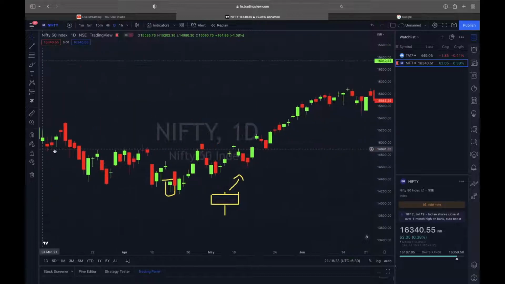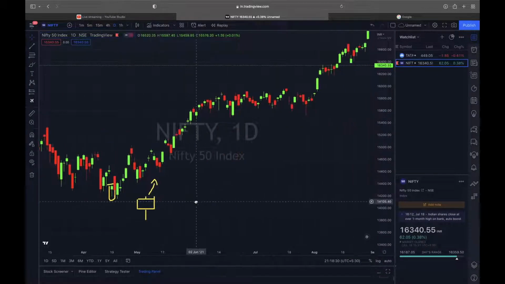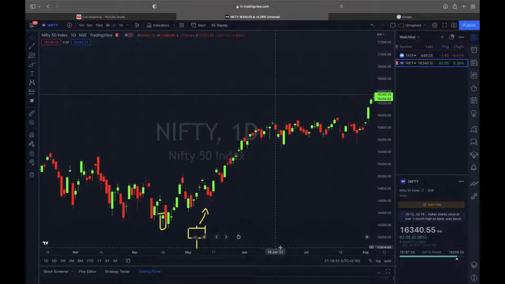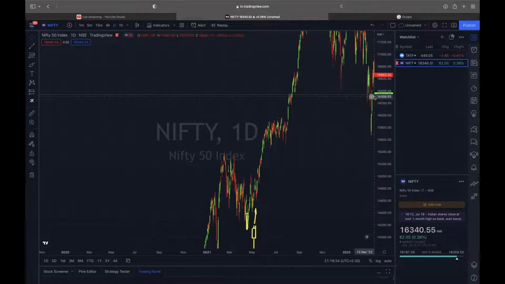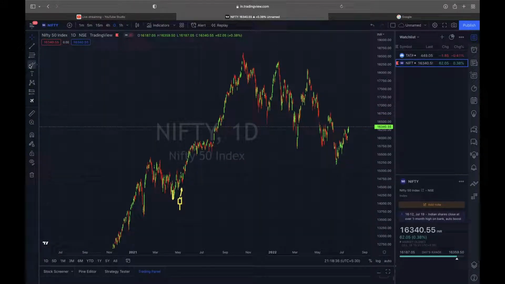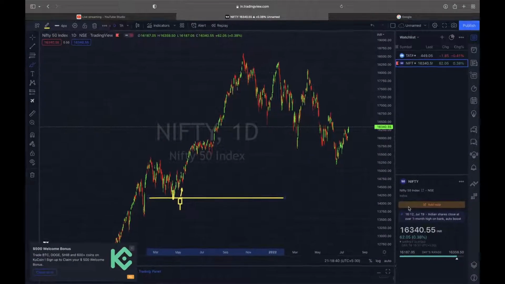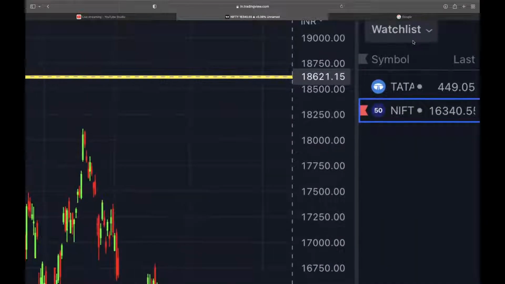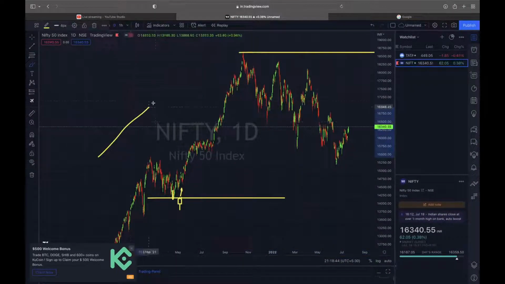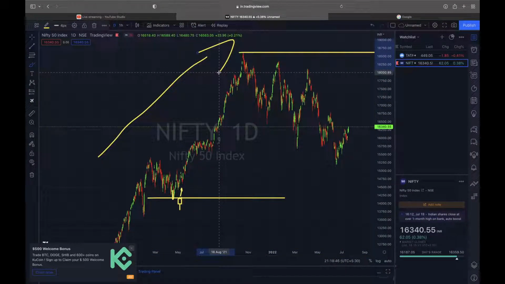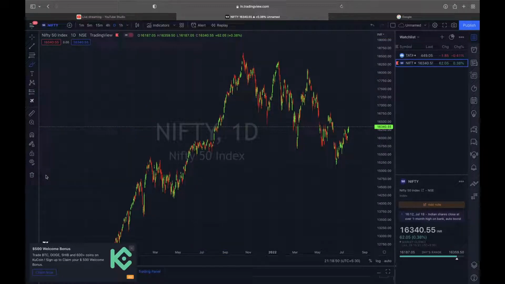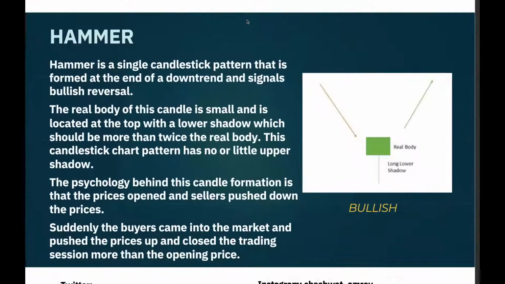Okay, we spotted it over here. Does the bullish move come in, guys? Check this out. We spotted it over here, and then from 14,000, it goes to 18,000. See, this is how clearly a candlestick pattern can work.